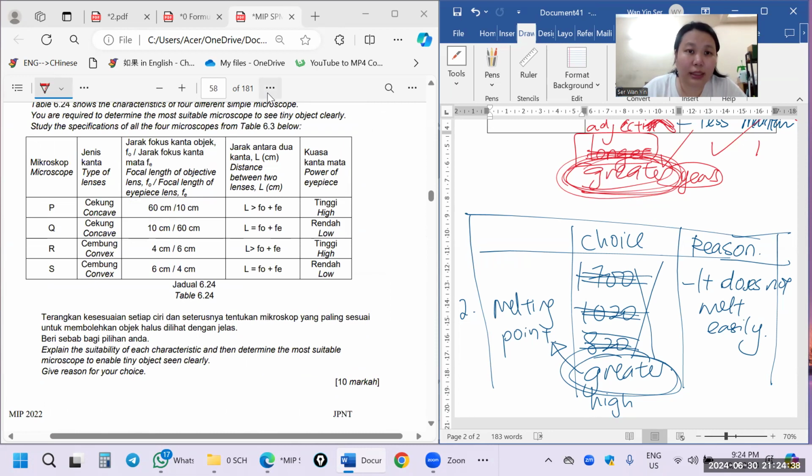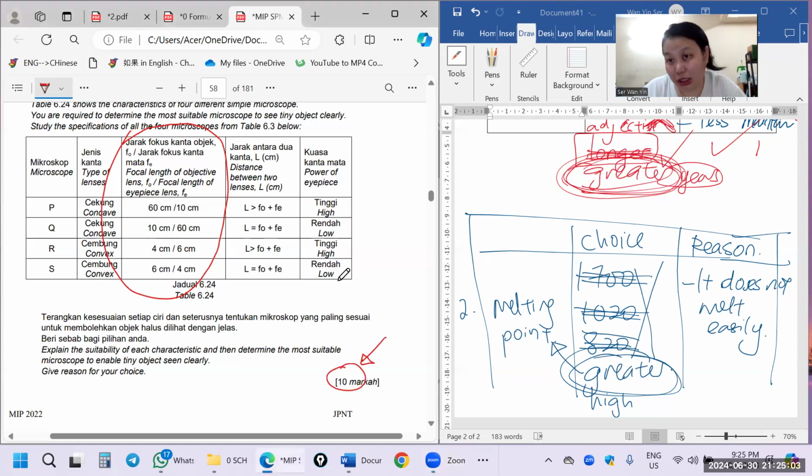Now, let's say focal length of FO. Okay, can you please tell me what should you write as your answer? When they ask for characteristic, only answer in table form. The 10 marks question, when you see 10 marks question like this, table form, understand?